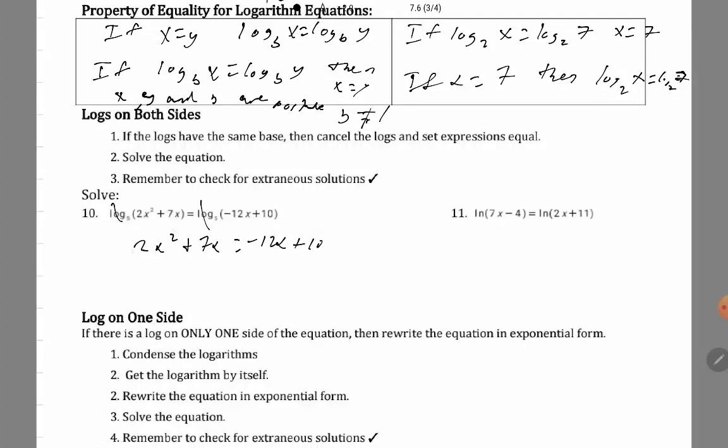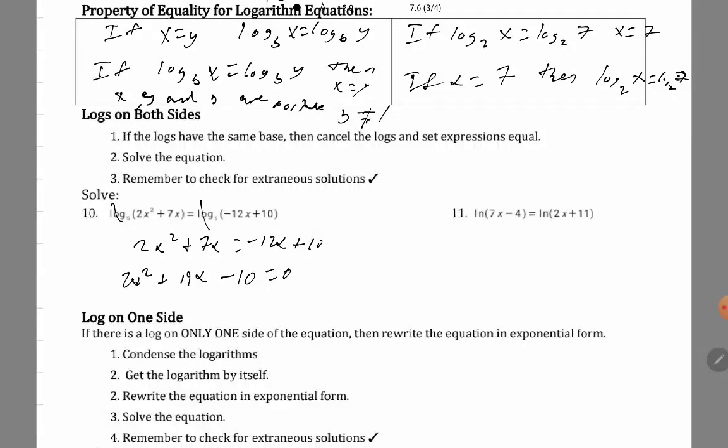Since we have a quadratic, or squared, we're moving everything to one side. So I got 2x squared plus 19x. So I'm moving everything to the left. These two, the negative 12x and 10, moving to the left. Minus 10 equals 0.